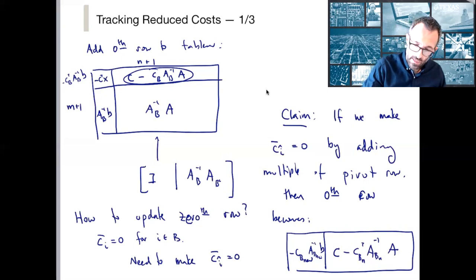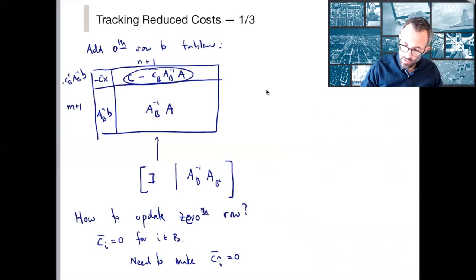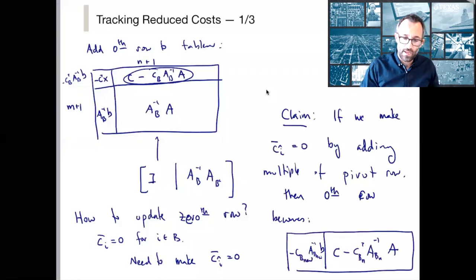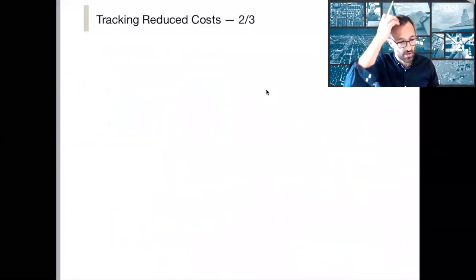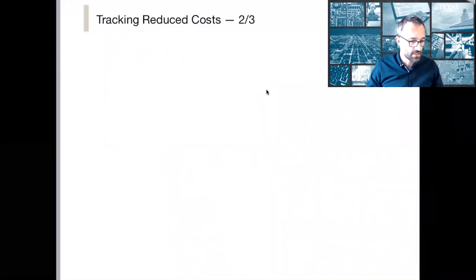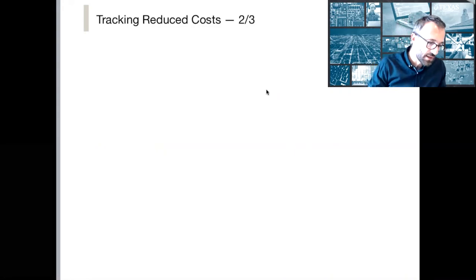So we need to show this claim. This was actually what I was going to write on this slide here. But let's prove this claim.